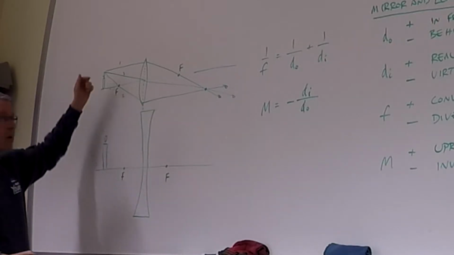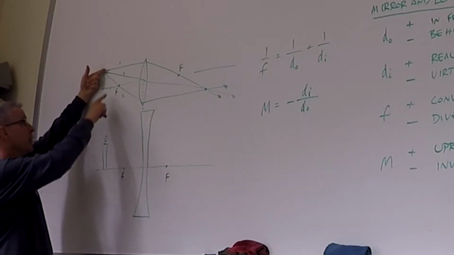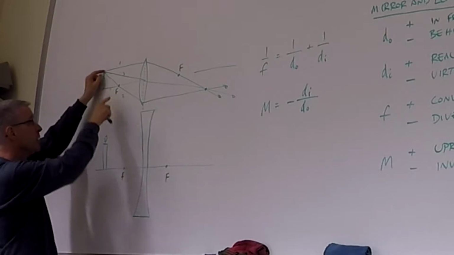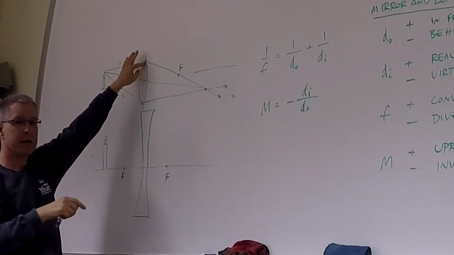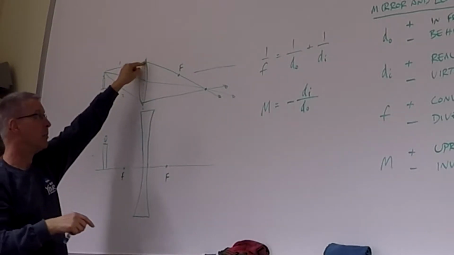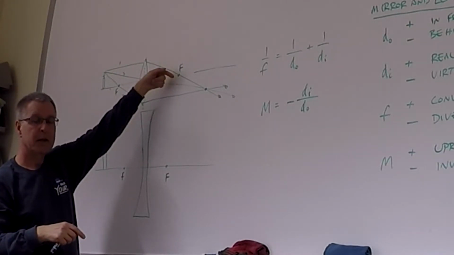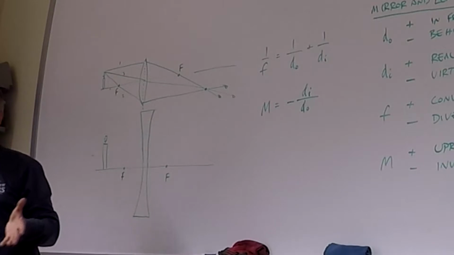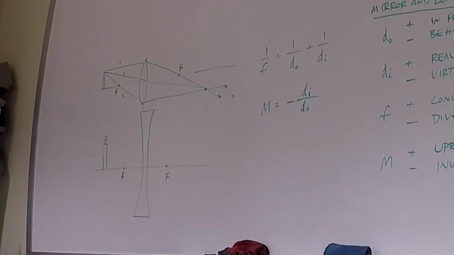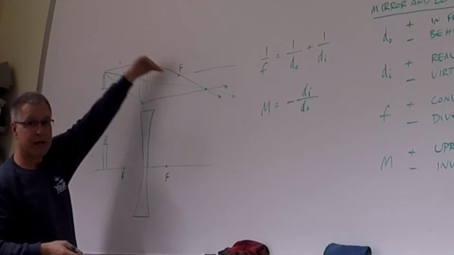If we pick the ray that's parallel to the optic axis first, once it hits the lens, it's going to bend and go through a focal point. We just have to make sure we know what kind of lens it is as far as which focal point we go through. If it's a converging lens, we've got to make that ray converge, so it had better go down to that one.